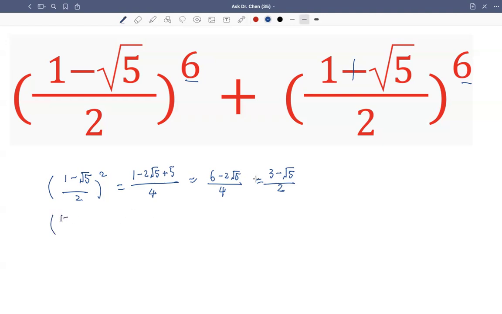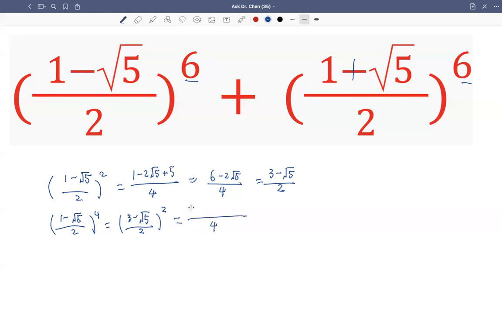Now maybe we square this again. If we square the result, that's 1 minus square root of 5 over 2 raised by 4, right? Which is 3 minus radical 5 divided by 2 raised by square. Let's do this. So denominator still gets a 4.